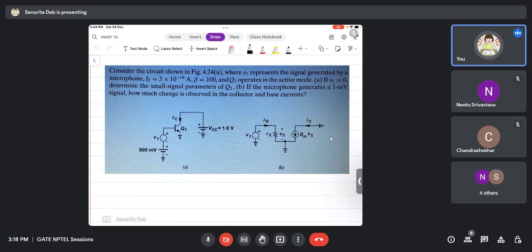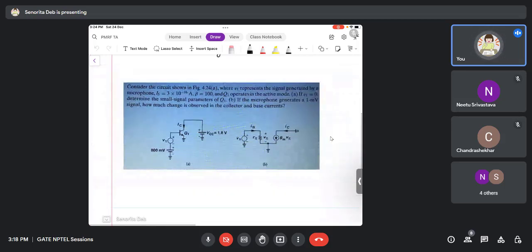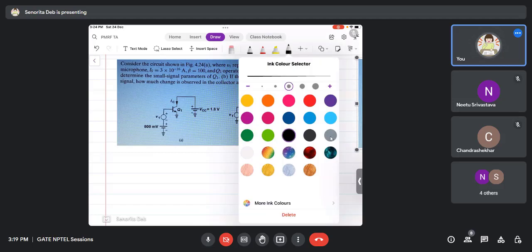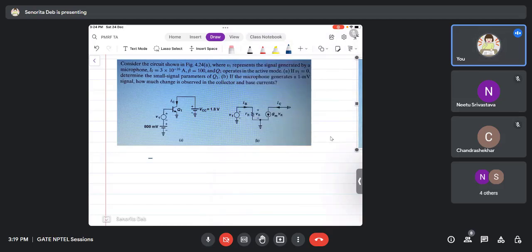Now consider this circuit which is shown, where V1 represents the signal generated by a microphone. Is equals 3 into 10 to the power minus 16 ampere. These kinds of problems we have solved in the last class, right? Is is the reverse saturation current, which is given as 3 into 10 to the power minus 16 ampere.